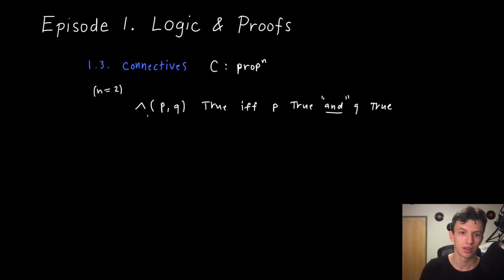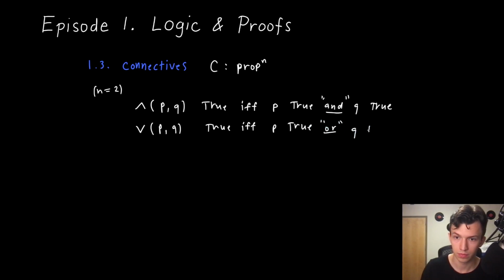And then we have the disjunction of P and Q. Very similar. This is true if P is true or Q is true. Okay. So this is the OR connective.